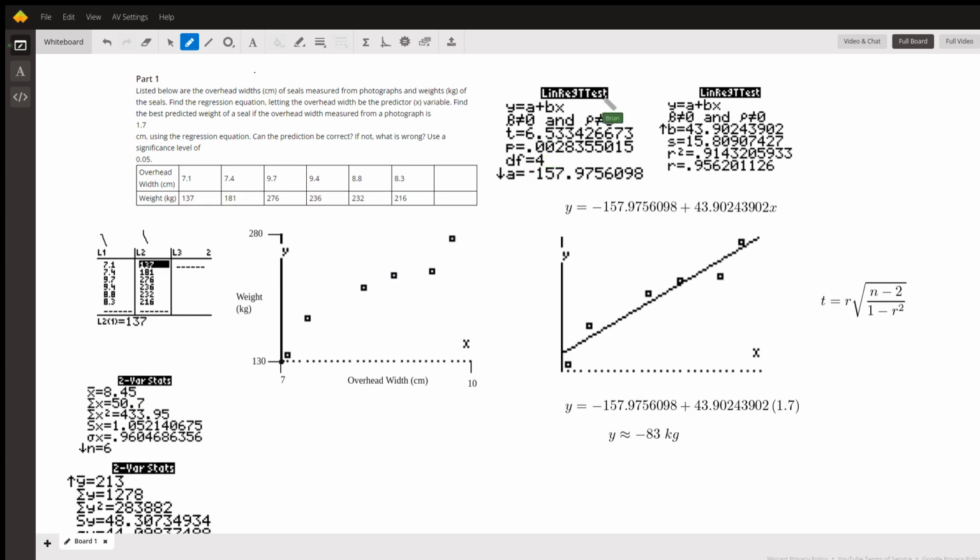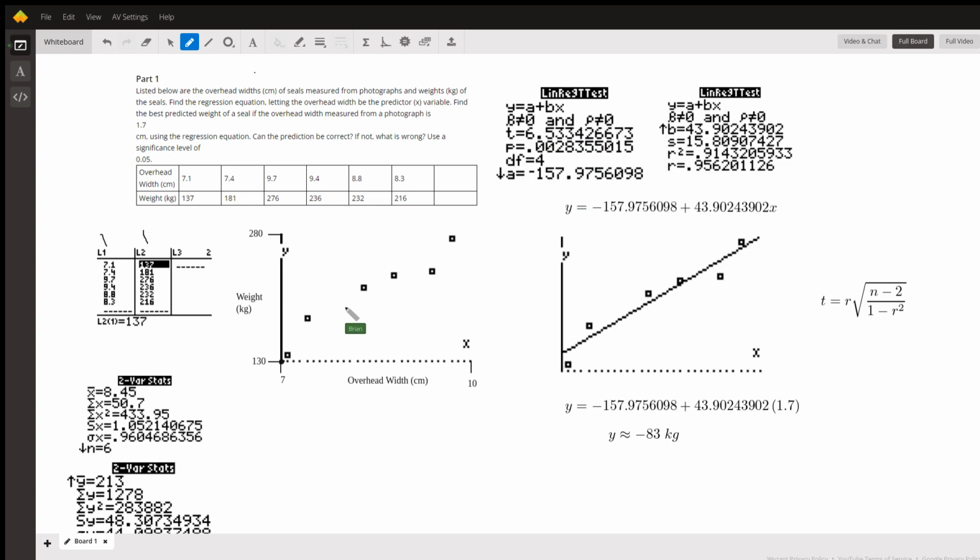What I did on my graphing calculator is use a function called LinRegTTest, which is a t-test for the linear regression. After plugging in the data, the null hypothesis was that the slope of the regression line, the line of best fit, is 0.